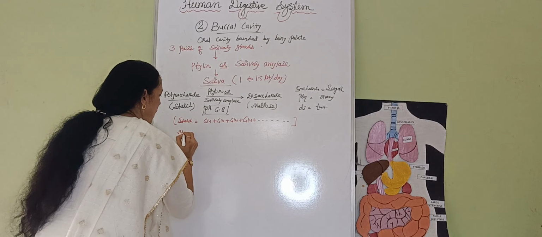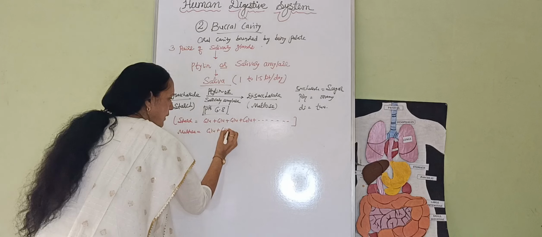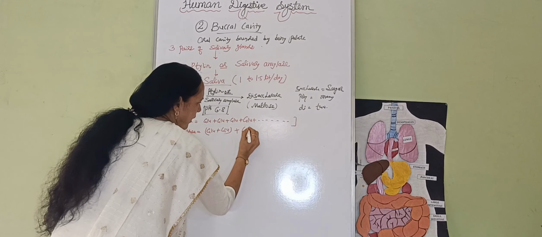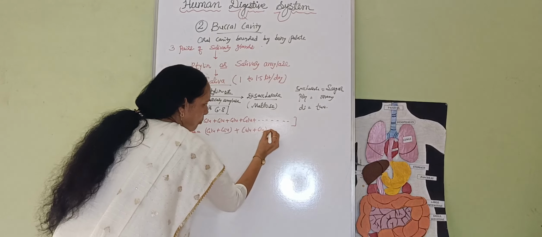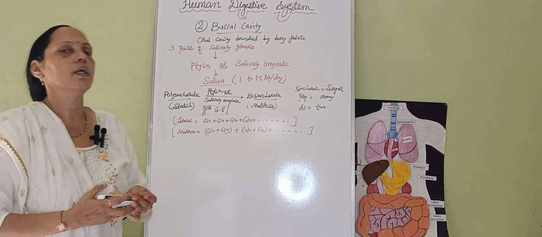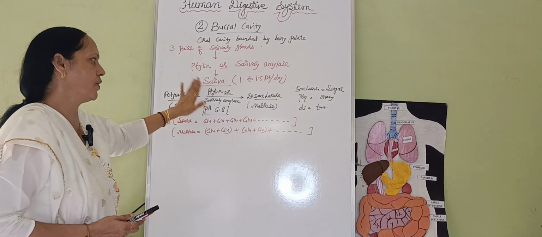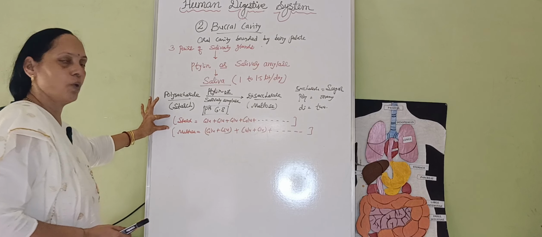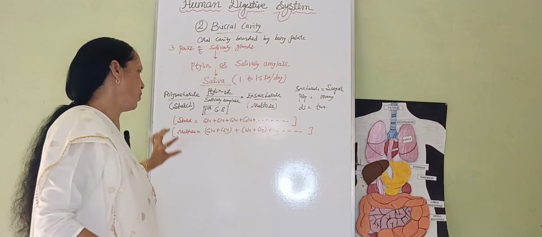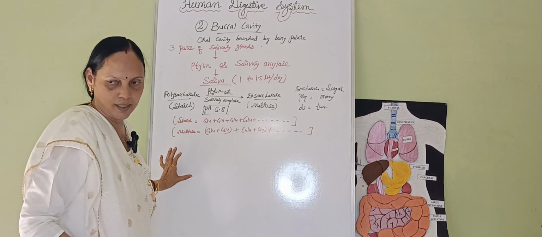Maltose means two units of the glucose molecule: the first unit of glucose plus the second unit of glucose. So digestion starts inside the buccal cavity, and because of ptyalin or salivary amylase, the starch molecules, meaning uncountable glucose molecules, are converted into maltose, meaning polysaccharides are converted into the disaccharide molecule.